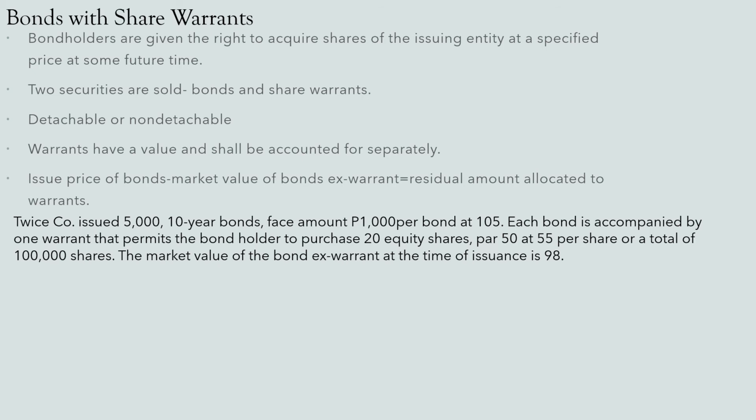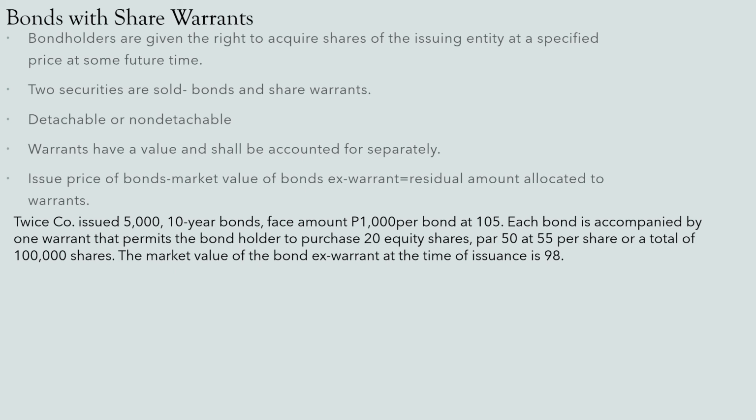The market value of the bond ex warrant at the time of issuance is 98. So, na-compute na siya kung lahat ng 5,000 na 1,000 bonds ay na-exercise yung share warrants, makakakuha ng 100,000 shares yung bondholder. 100K shares kasi per bond daw is 20. The market value of the bond ex warrant is 98. Pag bond lang daw ay 98 ang bentahan.